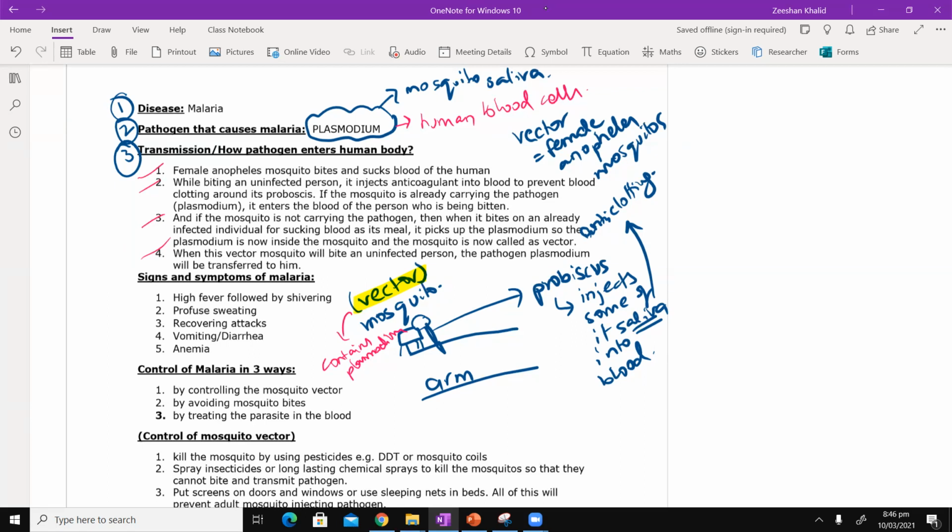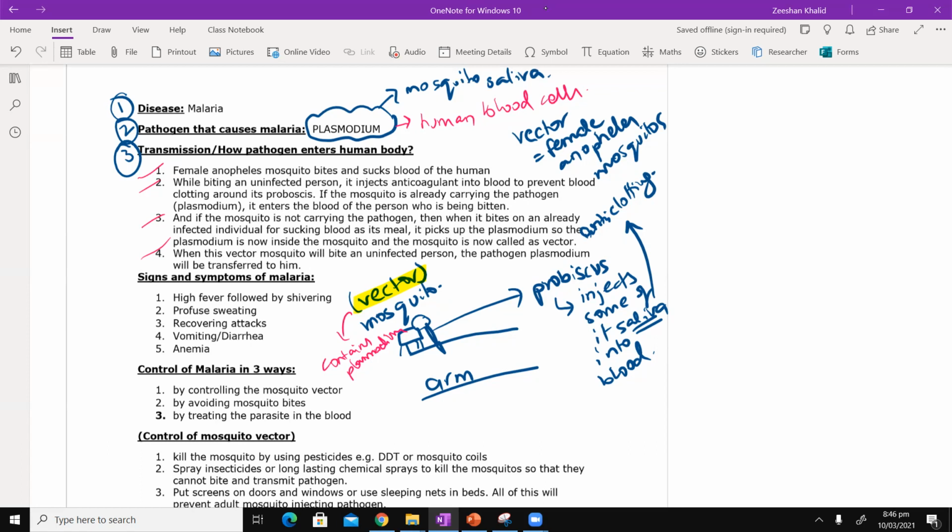And if the mosquito is not carrying the pathogen, then when it bites an already infected individual for sucking blood as its meal, it picks up the plasmodium. So the plasmodium is now inside the mosquito, and the mosquito is called a vector. So when this vector mosquito bites an uninfected person, the pathogen plasmodium will be transferred to them.